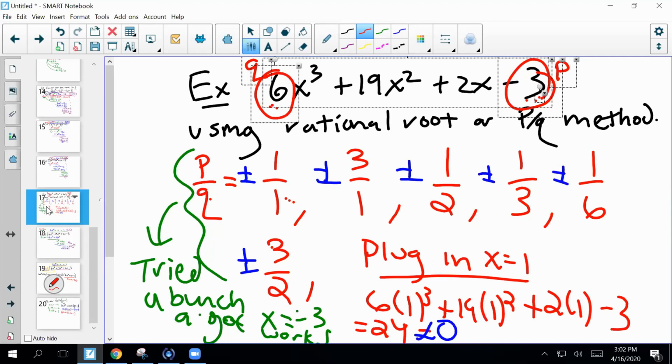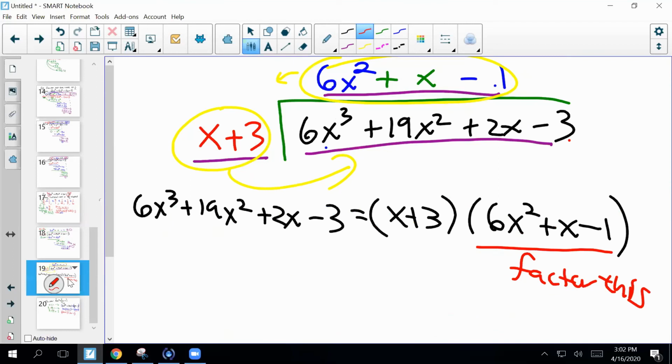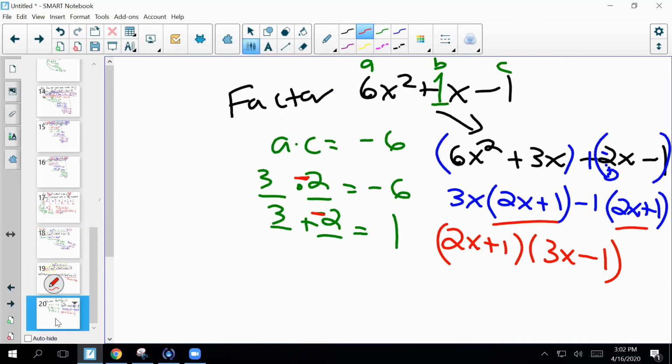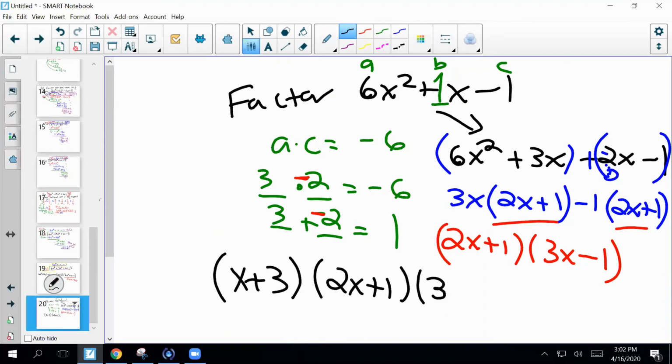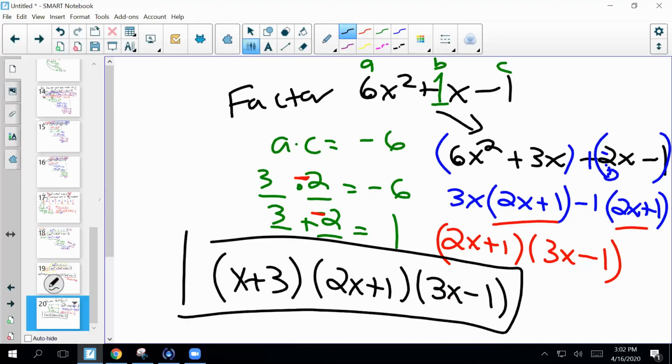We factored it like this: x plus 3 times 6x squared plus x minus 1. And then we factored the 6x squared plus x minus 1 as 2x plus 1 times 3x minus 1. So this gives a final factorization of x plus 3. That was our first factor, remember. We need that still. Plus these two that we just found. And that is your final answer.